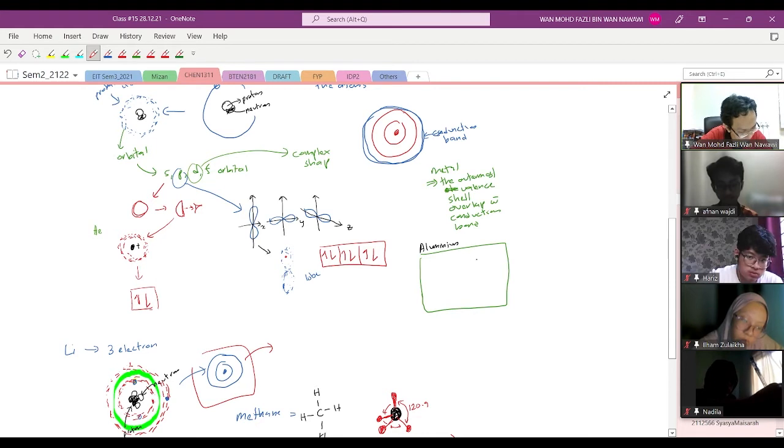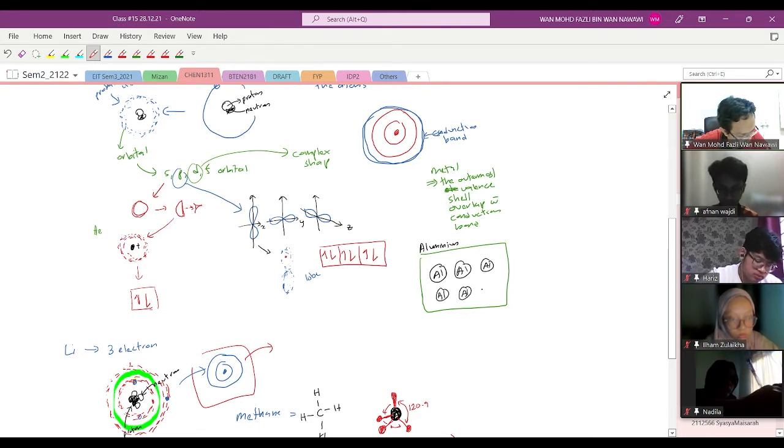Let's say I have aluminium, because inside the metal you have aluminium atoms. I just draw like this, aluminium and aluminium.